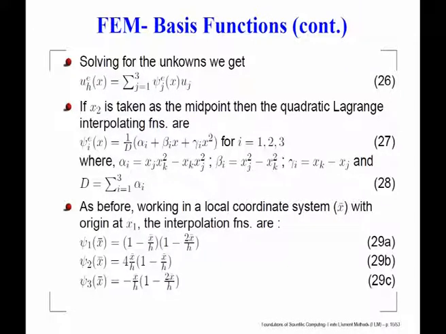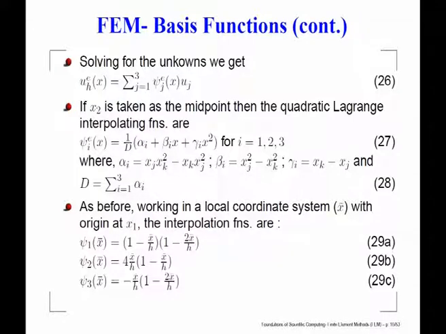These coefficients, alpha i, beta i, gamma i, are nothing but combinations of the coordinates x1, x2, x3. They form a cyclical pattern, so that you can exploit them. And there is this denominator d, which is nothing but the sum of the x independent part. The sum of all the alpha i's would give you this.